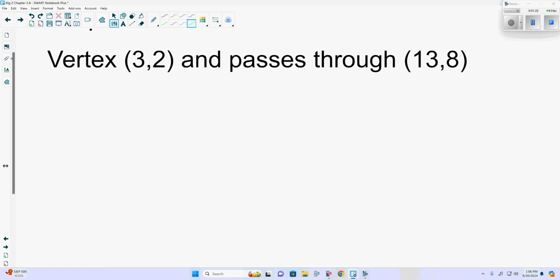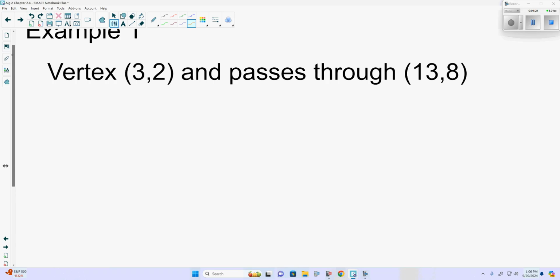Let's look at the first example. They tell us the vertex is the point 3, 2, and it passes through the point 13, 8. Now we need to figure out which of the two equations we're going to use, vertex form or x-intercept form. What did they give us? The vertex.